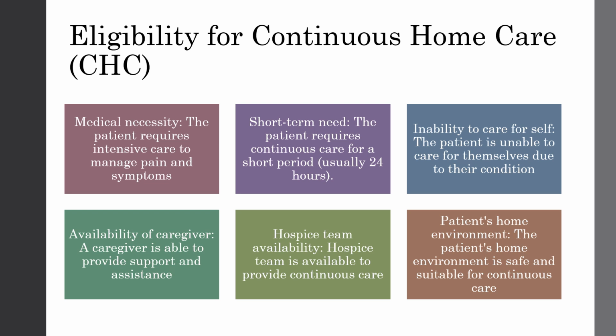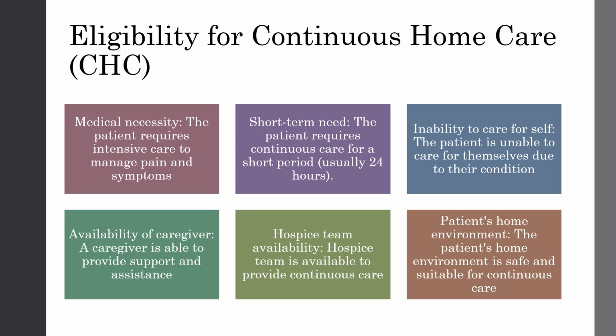The medical necessity can be anything from pain to shortness of breath to safety conditions. The short-term need is typically 24 to 72 hours. Medicare defines continuous home care as 8 hours of aggregate nursing care over the 24-hour period.